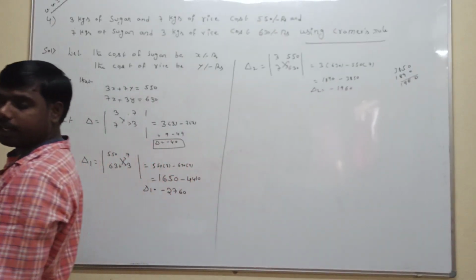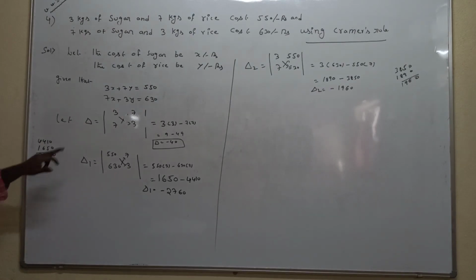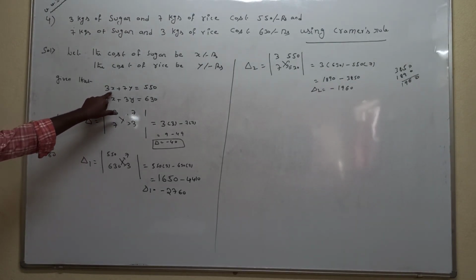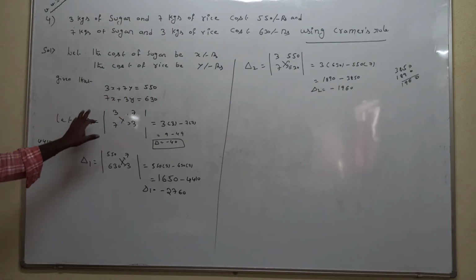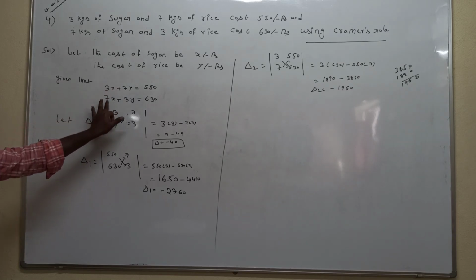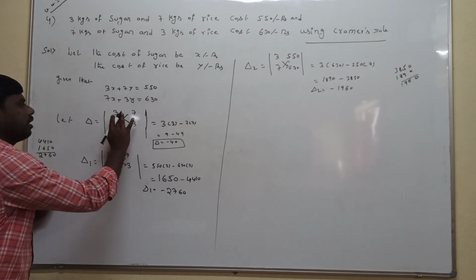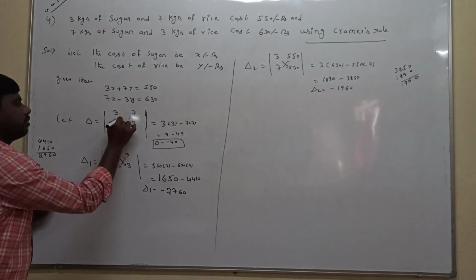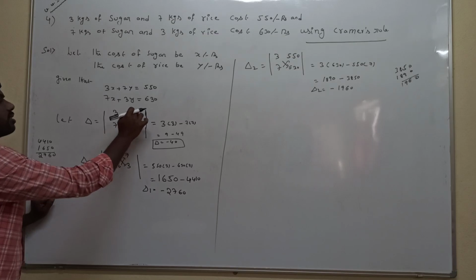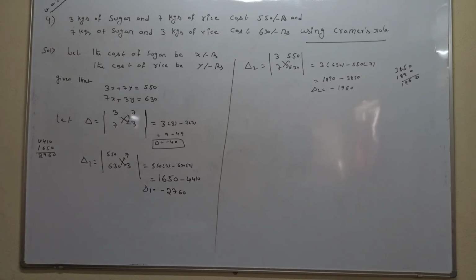We are calculating the delta value. The delta value is taken from the given equation's xy coefficient values: 3, 7, 7, 3. Now we are applying the cross multiplication method. 3 threes are 9 minus 7 sevens are 49. 9 minus 49 gives delta equal to minus 40.